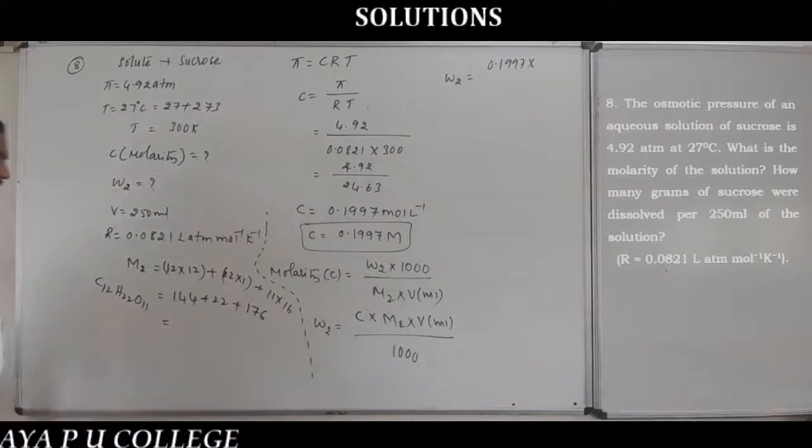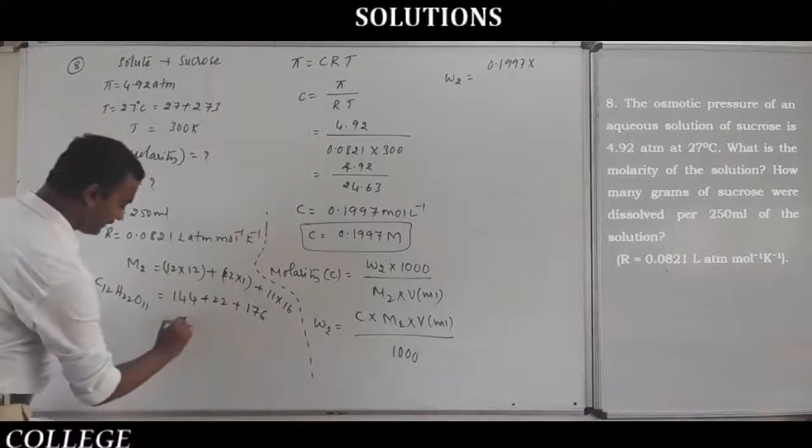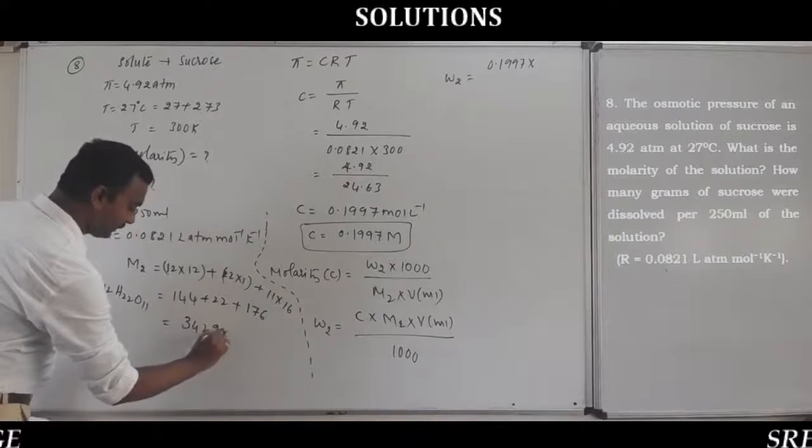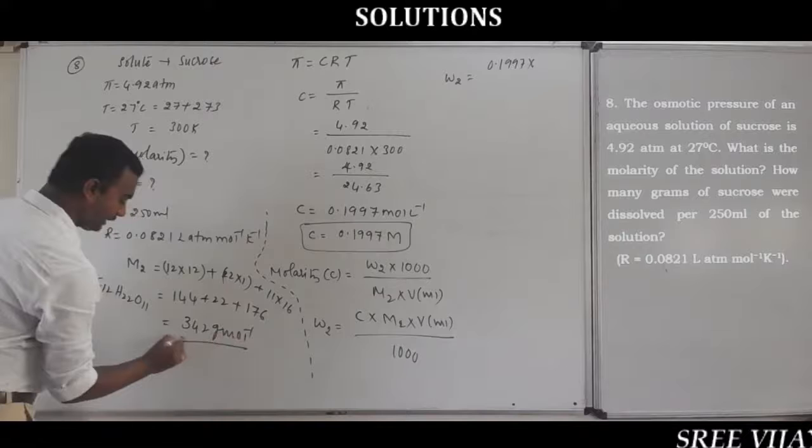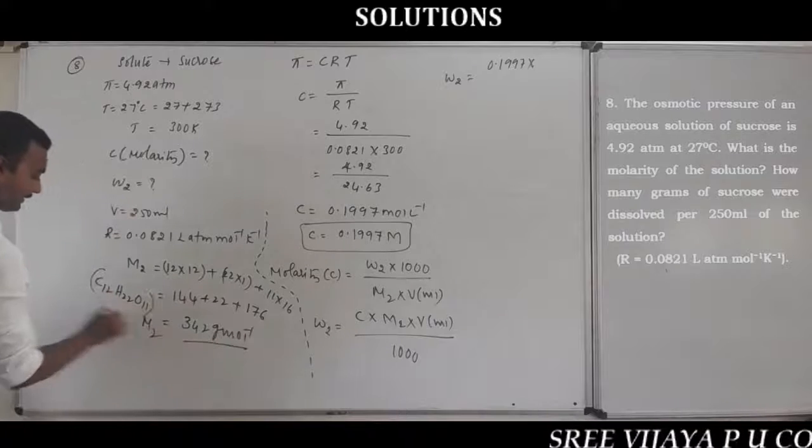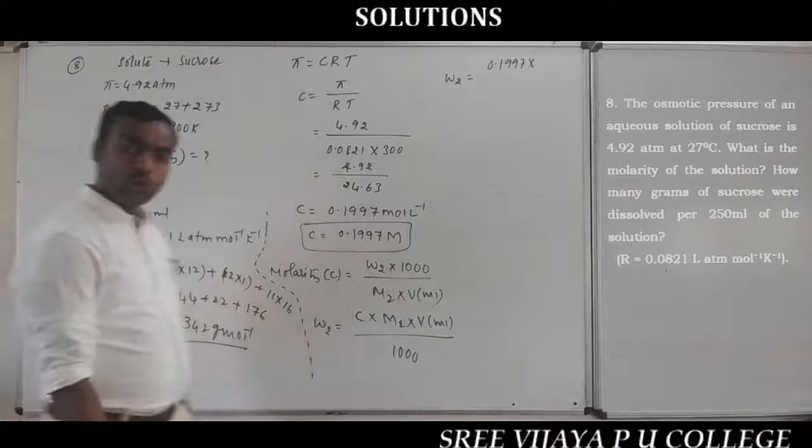When I add 144 plus 22 plus 176, we get 342 gram per mole. That is the molar mass of sucrose, C12H22O11.